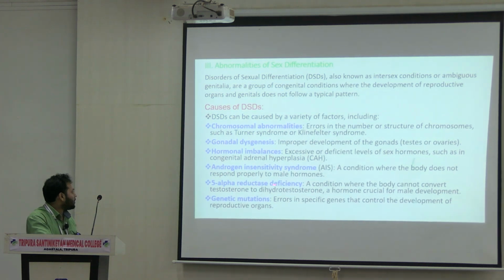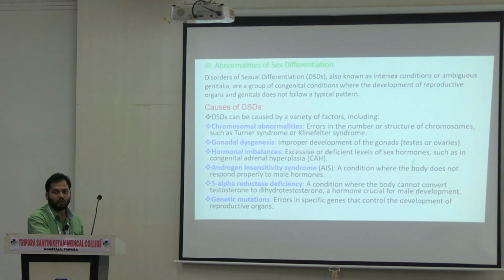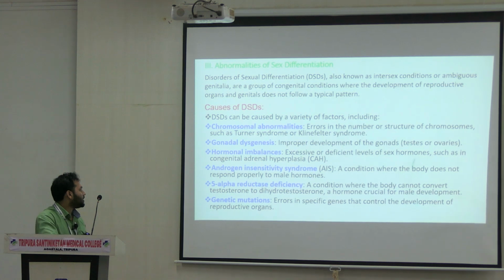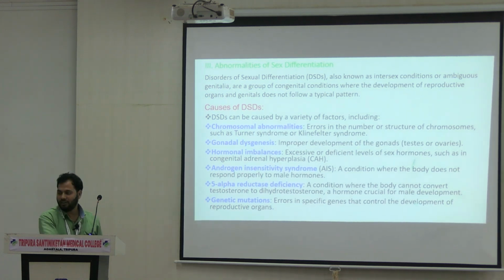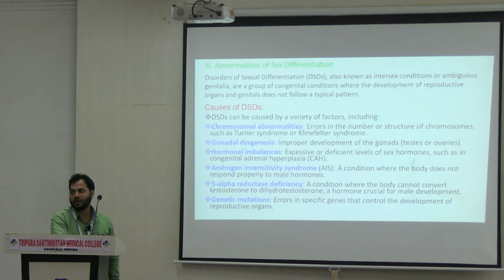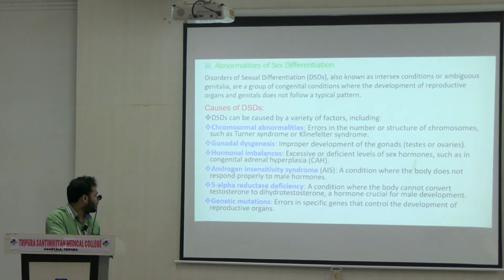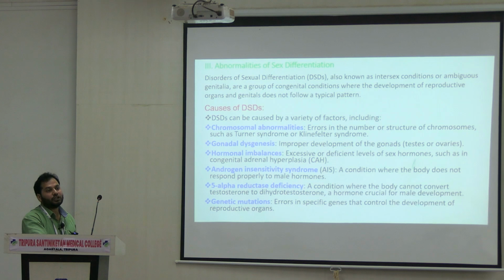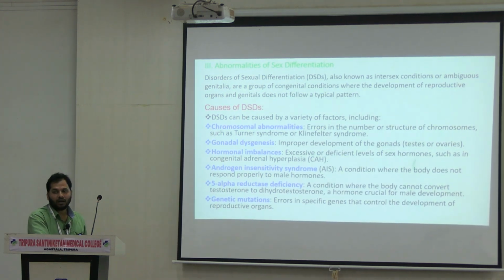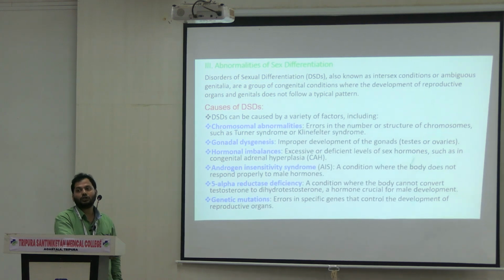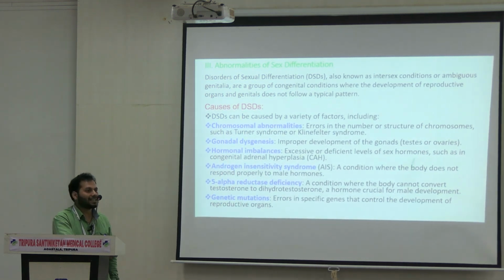The absence or deficiency of 5-alpha reductase is also responsible for these disorders. In this condition, the body cannot convert testosterone into dihydrotestosterone, which is very crucial for the development of external genitalia. And genetic mutations are also equally important. These mutations lead to disorders in sex development.